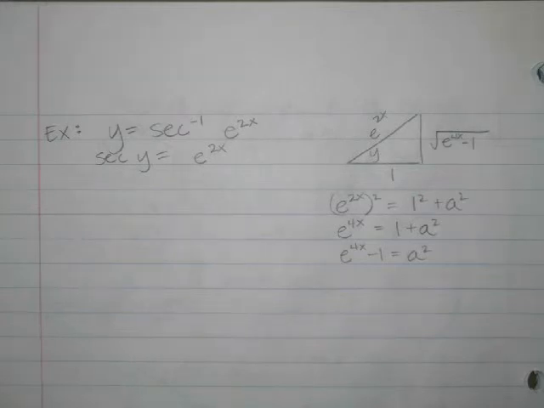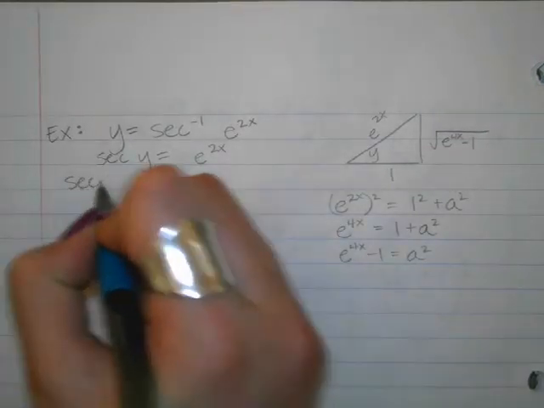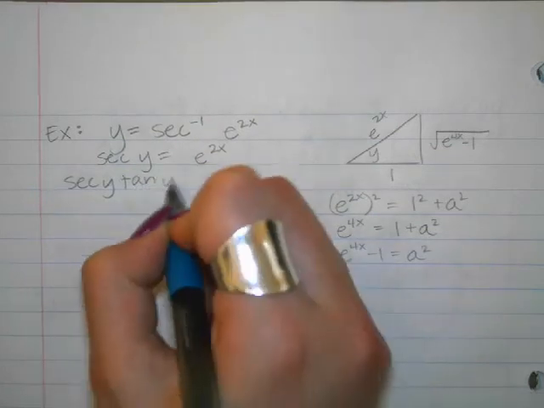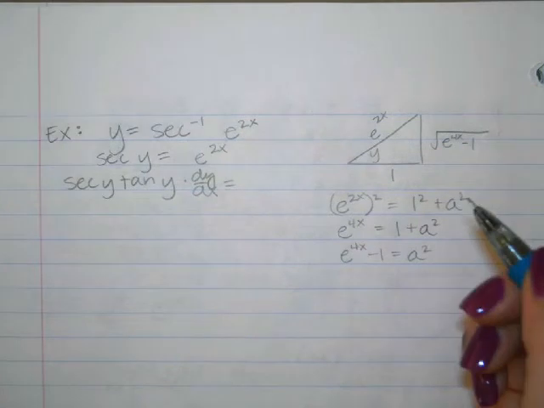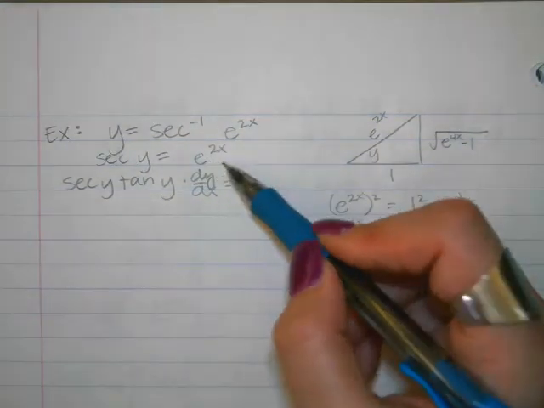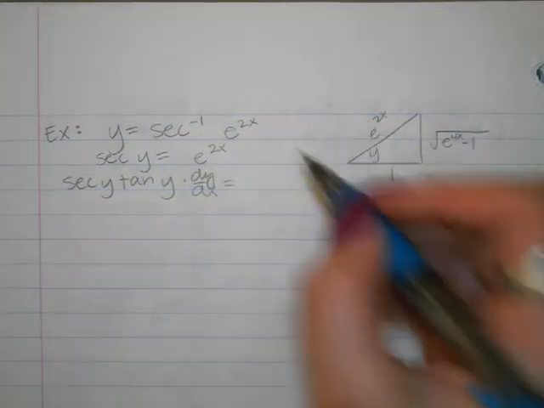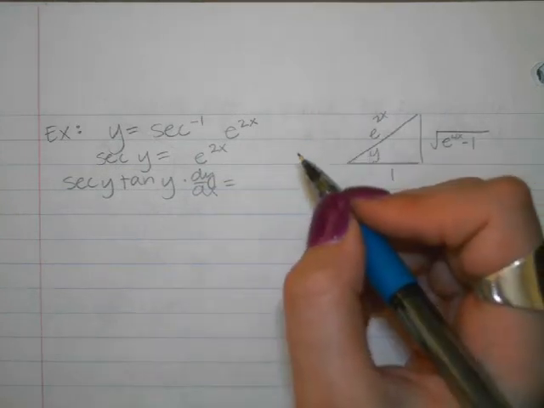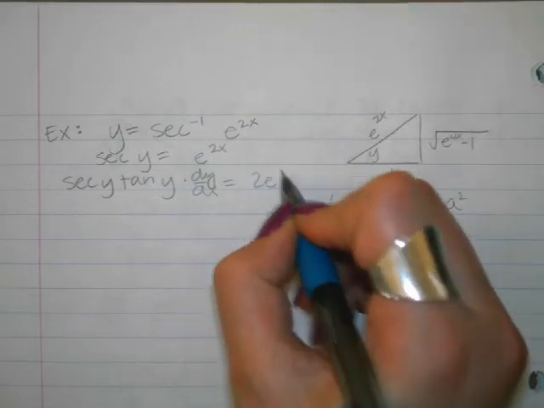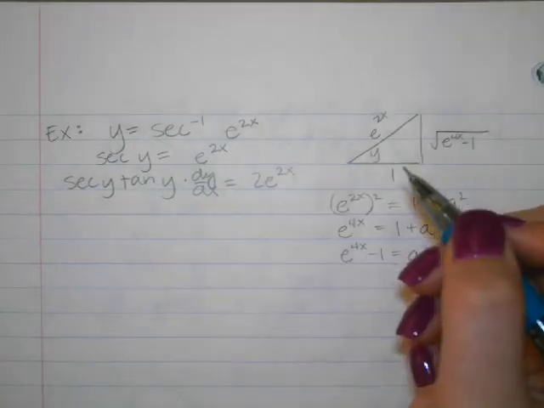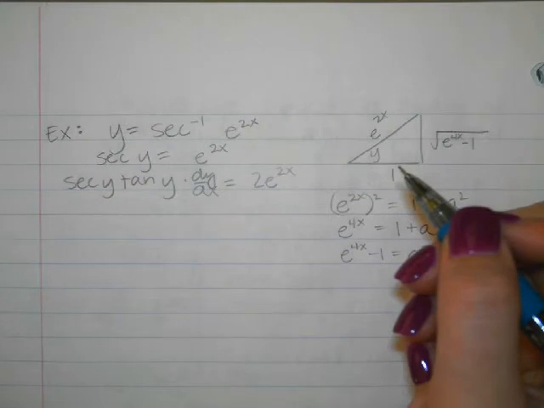Okay, so what is the derivative of secant y? Secant y tan y times dy dx. Yeah, that one shows up a lot. And then the derivative of e to the 2x. 2e to the 2x. Not an x, just a 2.